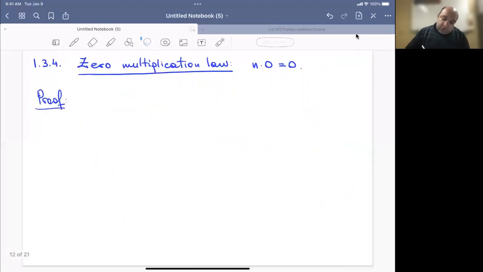We need to show that if I take any integer n and multiply it by 0, I'm going to get 0.